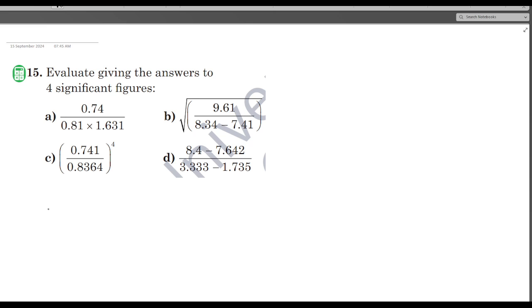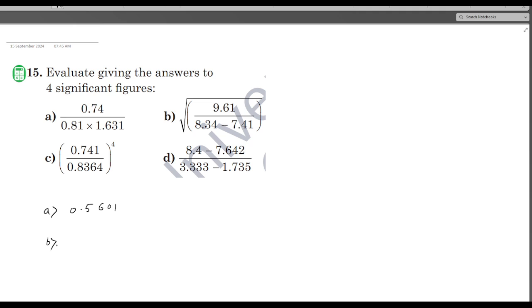So for A, the answer is 0.5601. For B, 9.61 divided by 8.34 minus 7.41.